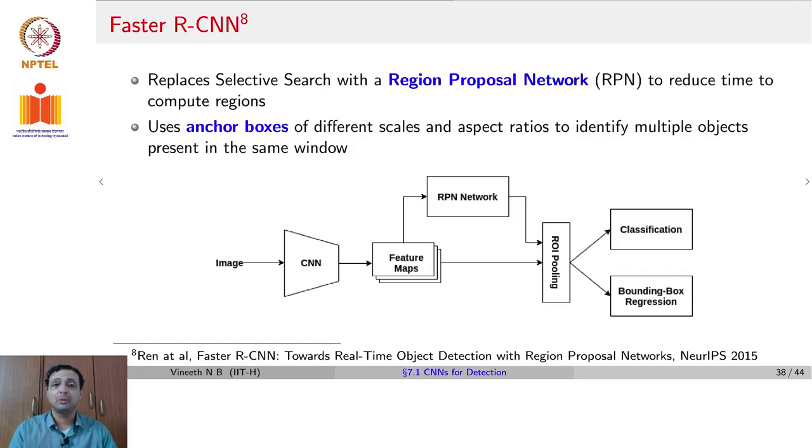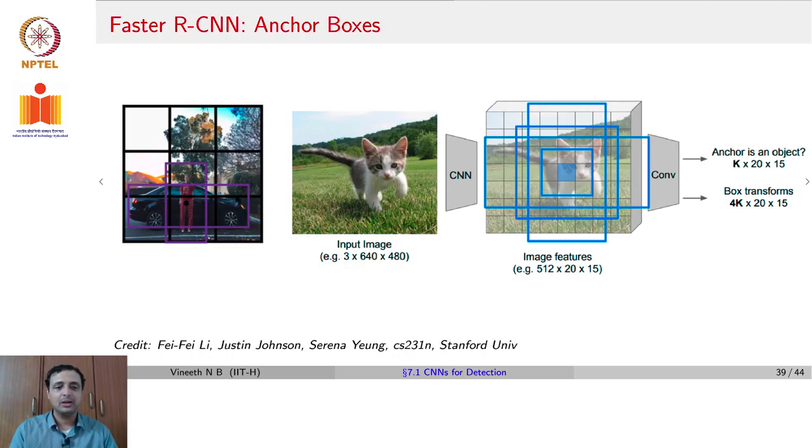How does the region proposal network work? It uses what are known as anchor boxes of different scales and aspect ratios to identify multiple objects in a given window. Let's see how that works. So given a particular window, let's say any particular window in an image, it takes different predefined anchor boxes. You can define an anchor box given a particular location.